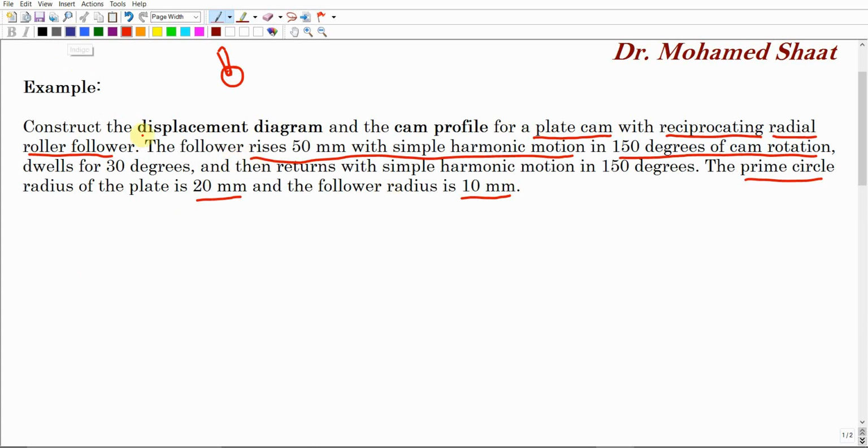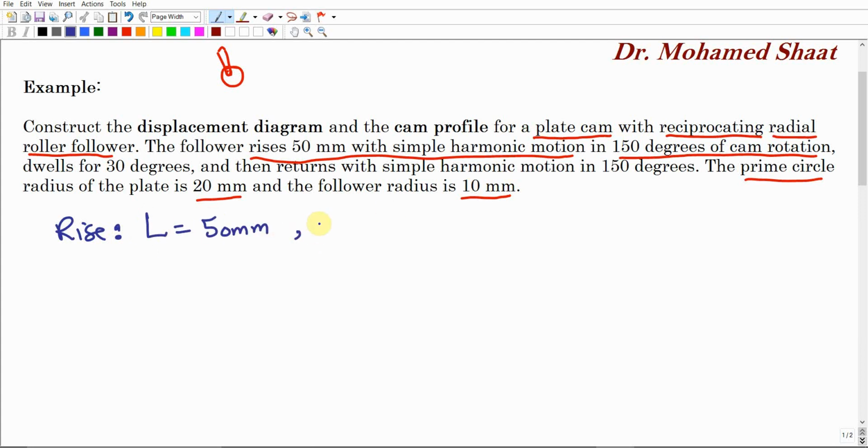So this is the rise period. We said that generally we should have three main events: we have the rise, we have the dwell, then we have the return. So the rise is going to be 50, so the lift is 50 millimeters.